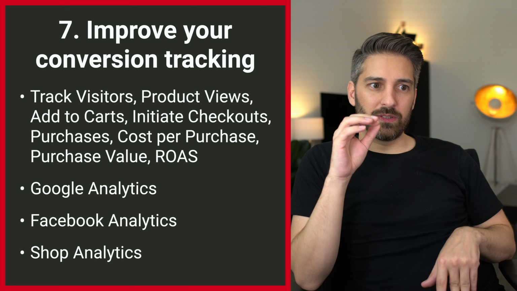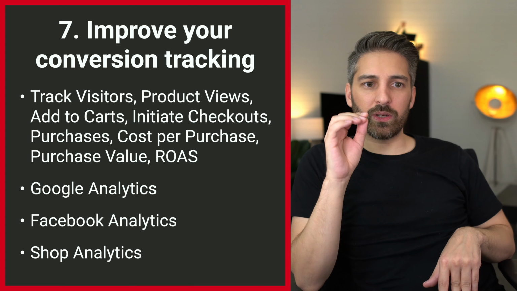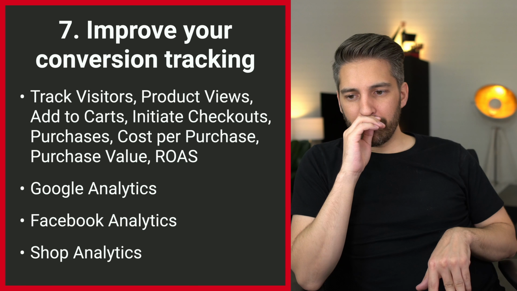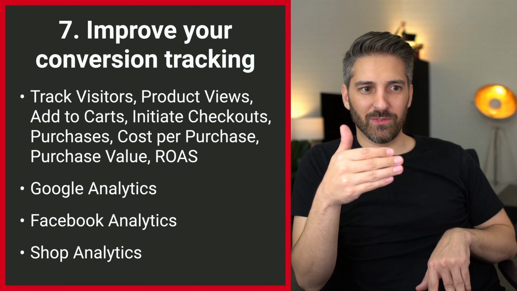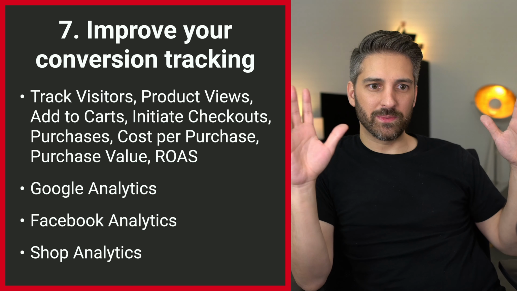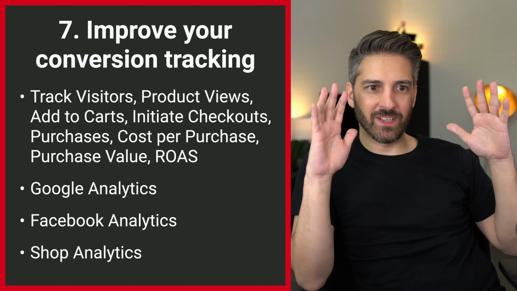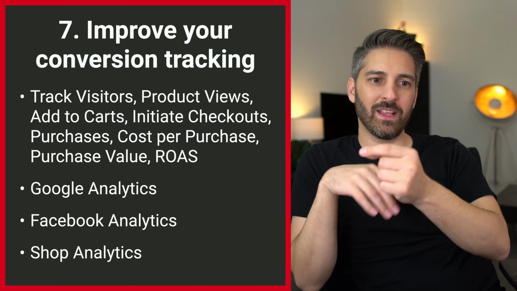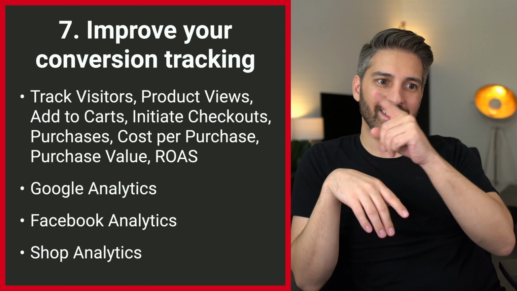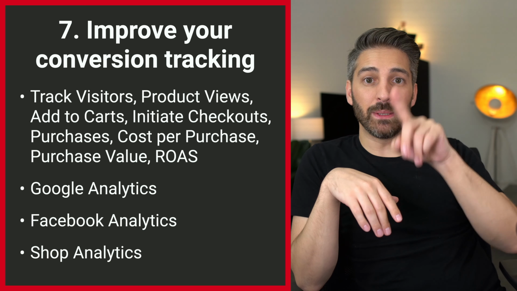Then you want to track people who have visited your product view, because there is already so much difference in quality of traffic between people who just landed on your website somewhere, let's say on an article, and people who actually made it to a product detail page. The next steps are add to cart, initiate a checkout, and how many purchases.